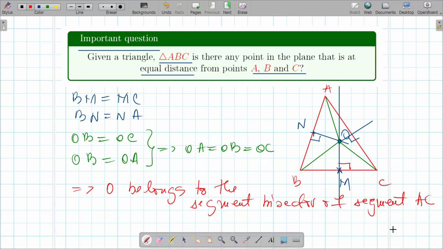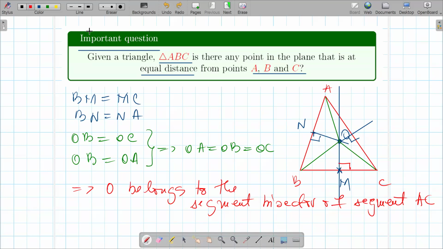So now we just proved in a couple of lines really a key property, namely the three segment bisectors of segments AB, BC, and AC intersect at this point O.